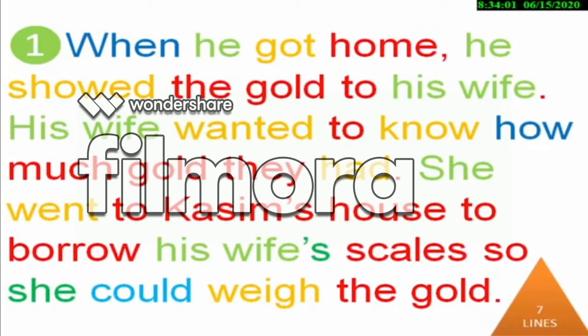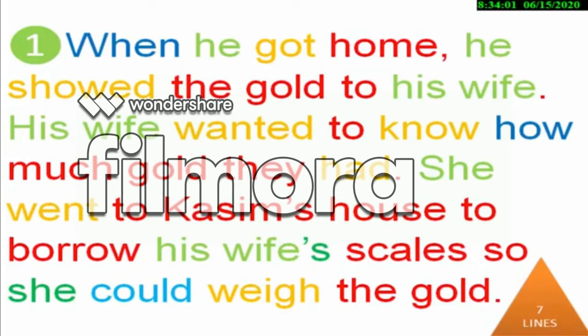إذن instead of saying when he got home عندما وصل إلى المنزل يمكن أن نستبدلها بتعبير آخر which is as soon as. حالما as soon as he got home as soon as he went home. حالما ذهب إلى المنزل. علي بابا. As soon as he went home with gold. مع الذهب.